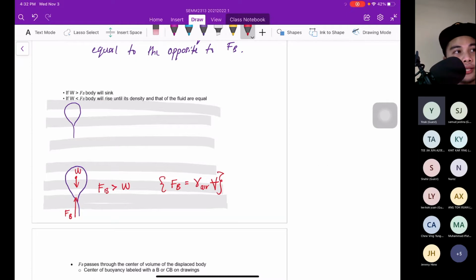Different altitude will have different buoyancy. At the lower altitude, the buoyancy is very big because of the big density, until at a certain point, the balloon will stop because FB is now equal to the weight of the helium. Do you understand the concept? Why will the balloon stop rising? Because the buoyancy is equal to the weight of the helium balloon.